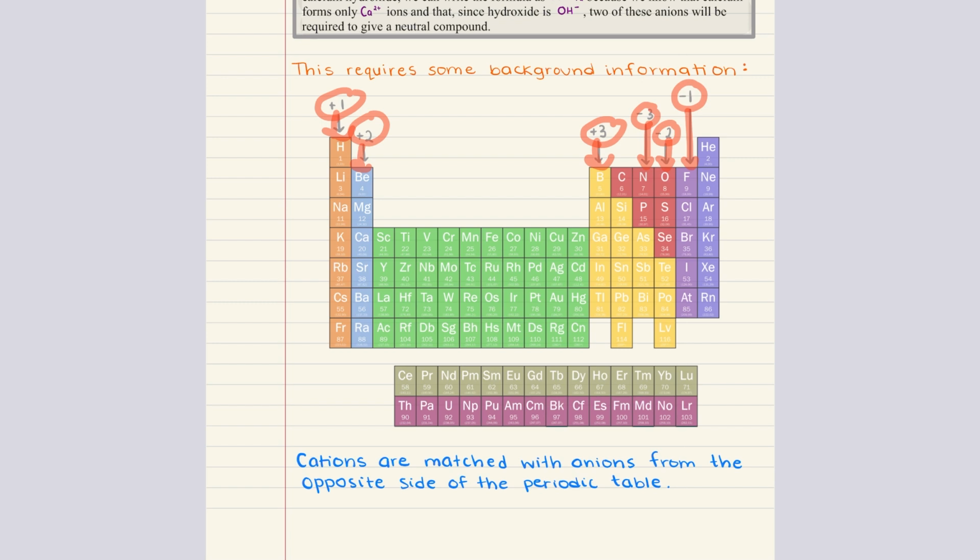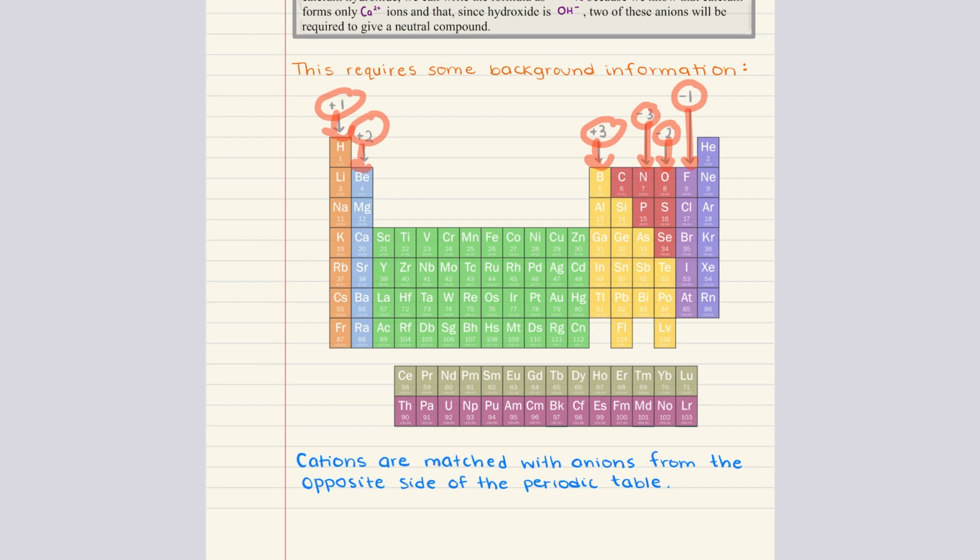By following this pattern, we can pair cations with anions from the opposite side of the periodic table to form electrically neutral compounds. This means that when we are given the name of an ionic compound, the first step is to identify the charge of the cation and then identify the charge of the anion.